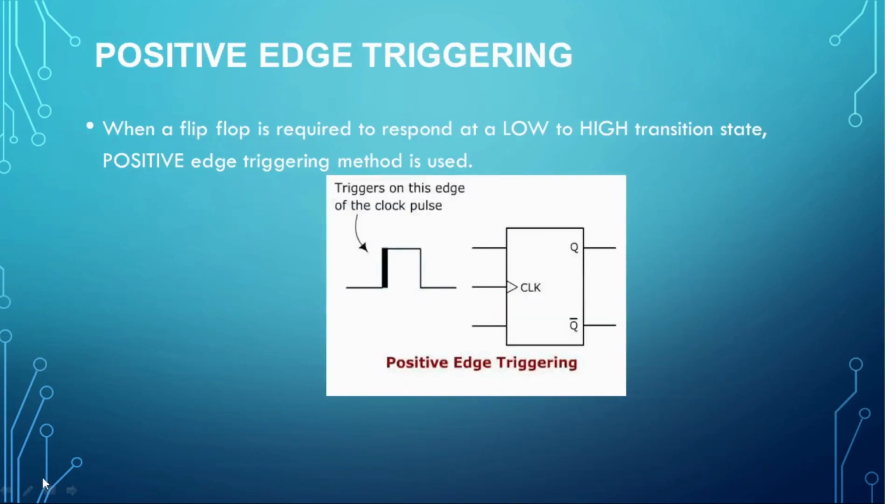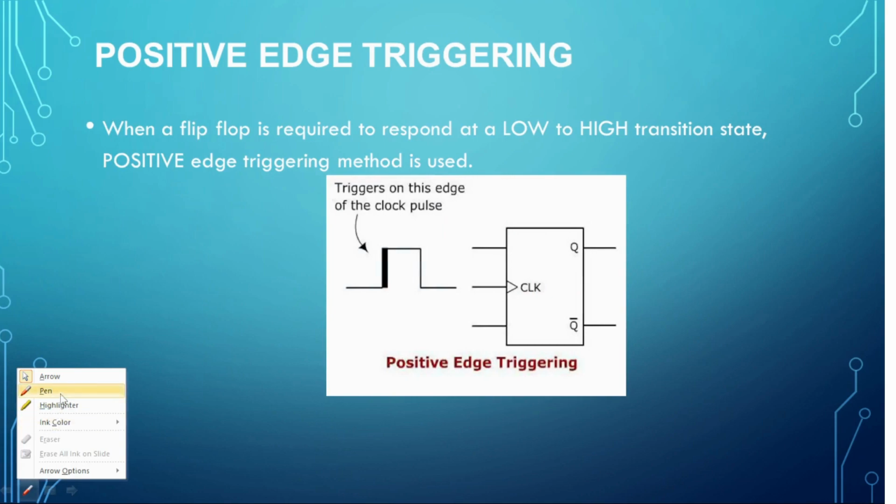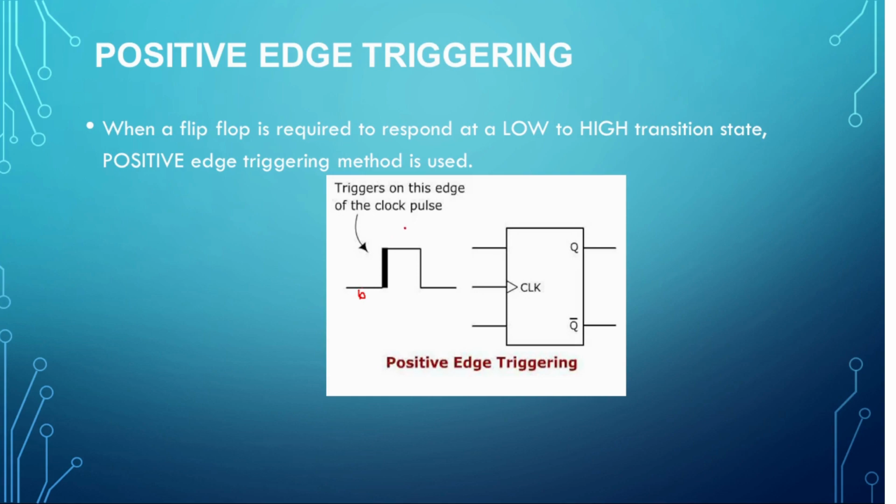What is meant by positive edge triggering? When the triggering occurs from low to high, that is 0 to 1 value, it is known as positive edge triggering, and this is known as the rising level of the clock or flip flop. The negative edge triggering is opposite to the positive edge triggering.